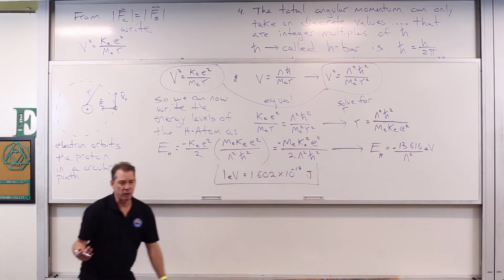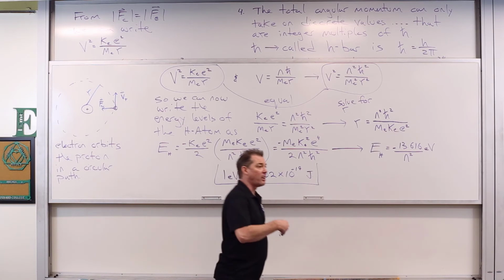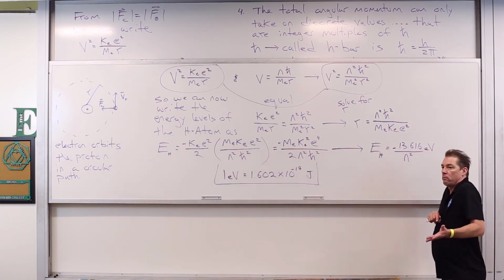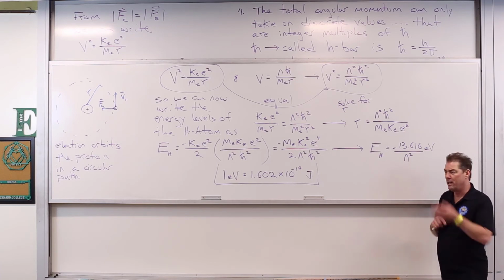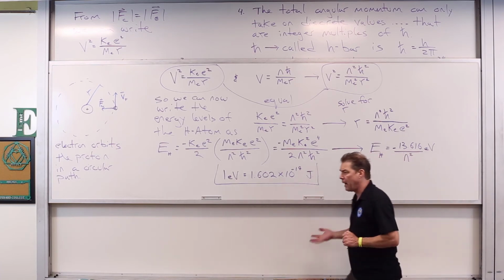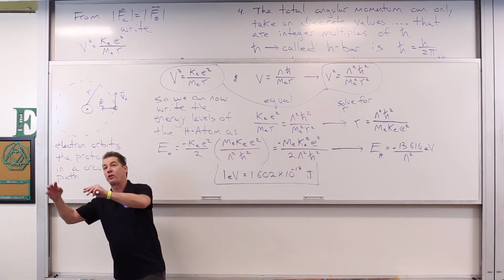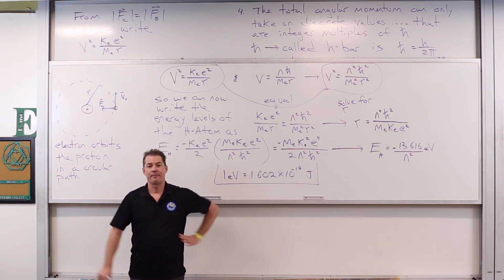Ultimately, an electron volt is defined as the energy gained by an electron that's accelerated through a potential difference of 1 volt. Well, you say how much energy is gained by an electron that's accelerated through a potential difference of 1 volt? That's the charge of the electron multiplied by the potential difference of 1 volt. And that's how much potential energy would be lost, which is how much kinetic energy is gained. And there you go.